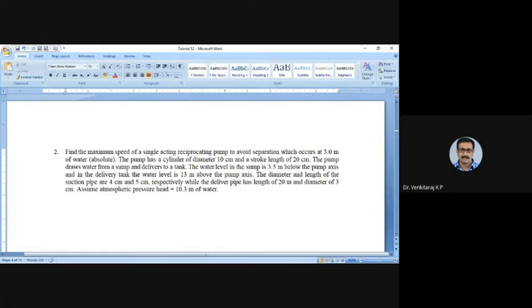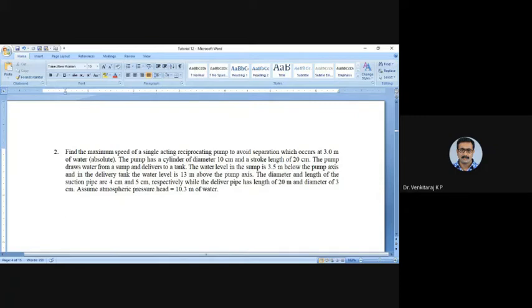The diameter and length of the suction pipe are 4 centimeter and 5 centimeter respectively, while the delivery pipe has length of 20 meter and diameter of 3 centimeter. Assume atmospheric pressure at 10.3 meter of water.